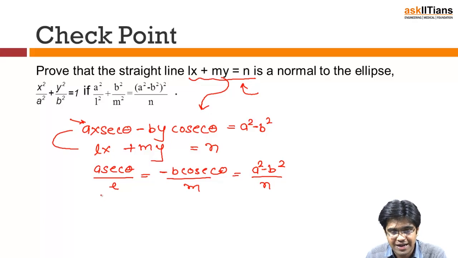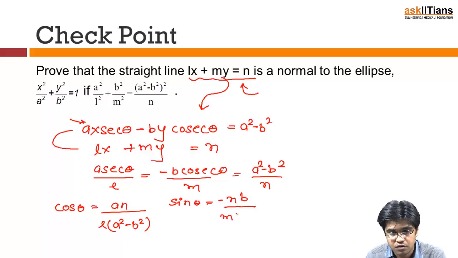I can clearly find cos theta and sin theta from here. Cos theta will be an divided by l of a square minus b square. Similarly, sin theta will be minus nb divided by m of a square minus b square.